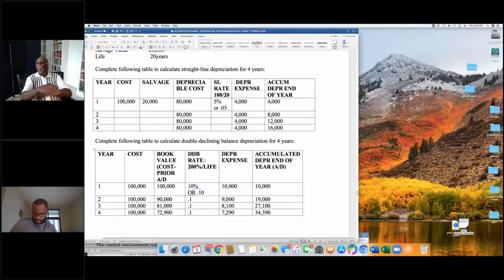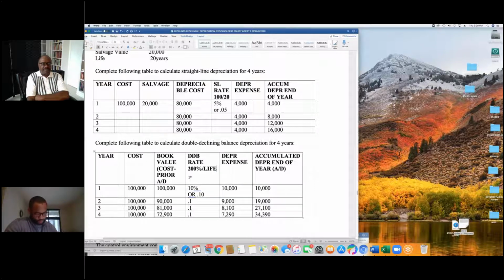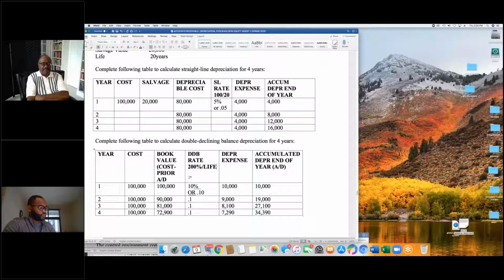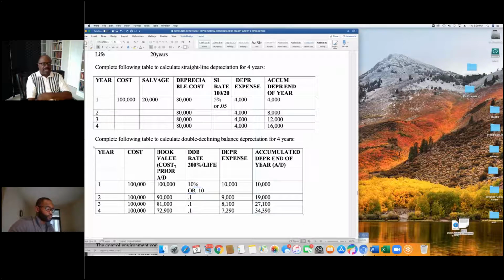Okay, 200% divided by the life. Well, on number 3, when you got 81,000, we're subtracting 19,000 from 90,000 to get 81, right? But isn't that 71? No, we're subtracting. We said cost minus prior accumulated depreciation. Okay.